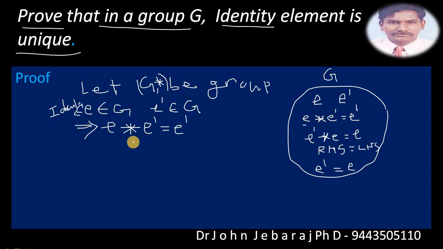By the definition of the identity element, E dash is any element, therefore the image of E dash under this identity element by the binary operation equals E dash, the same element. I am taking this as equation number 1. Now suppose E dash belonging to G is an identity.